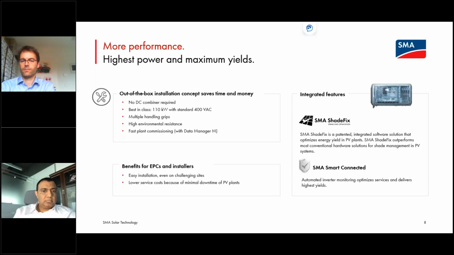The IP protection is high with IP65, and this is one of the features just mentioned, as it is an integrated solution approach. You can simply install and commission the system with, for example, your Data Manager, which is our control or monitoring device, which we bring into the system.